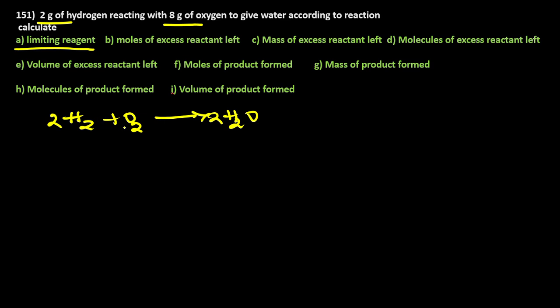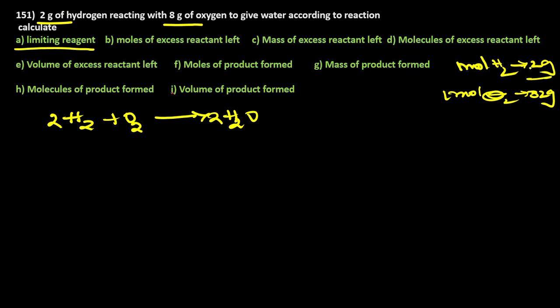In this equation, as per the data, 2 gram of hydrogen is reacting with 8 gram of oxygen. 1 mole of hydrogen contains 2 grams, and 1 mole of oxygen contains 32 grams.